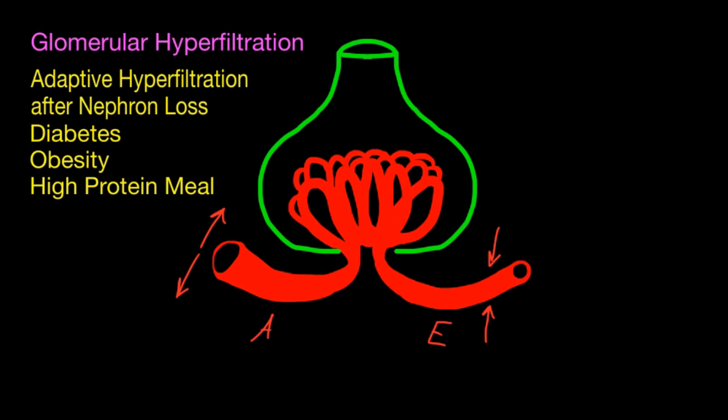Most importantly, some common causes of glomerular hyperfiltration. Number one, diabetes. Obesity can do this. Hyperfiltration occurs right after a high protein meal, which we're going to get into later. But really anything that causes nephron loss leads to this adaptive hyperfiltration. And so, like I said, whether it's adaptive or maladaptive, we do know that chronic hyperfiltration is not good.